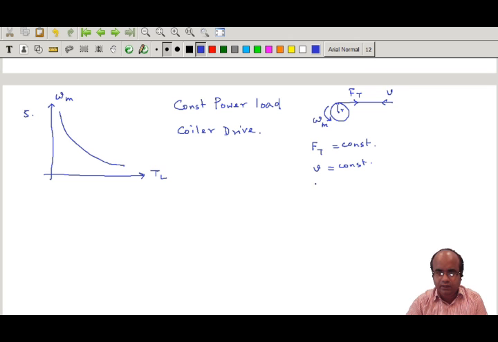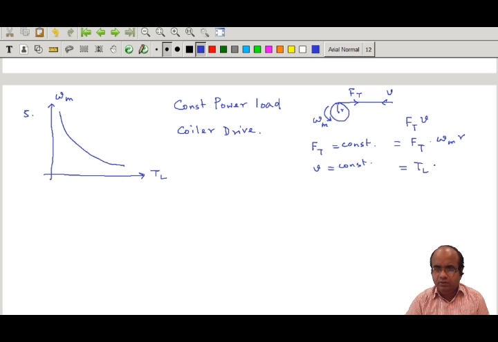Now we can write Ft multiplied by V, the force multiplied by the velocity. V equals omega m into r. Now Ft into r means torque.